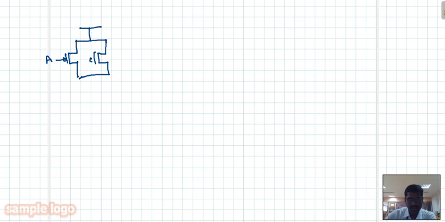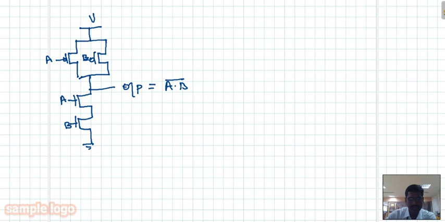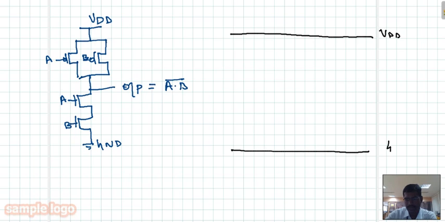A, B. Output Y is equal to A dot B whole bar. VDD. It is ground. These were VDD and this ground.